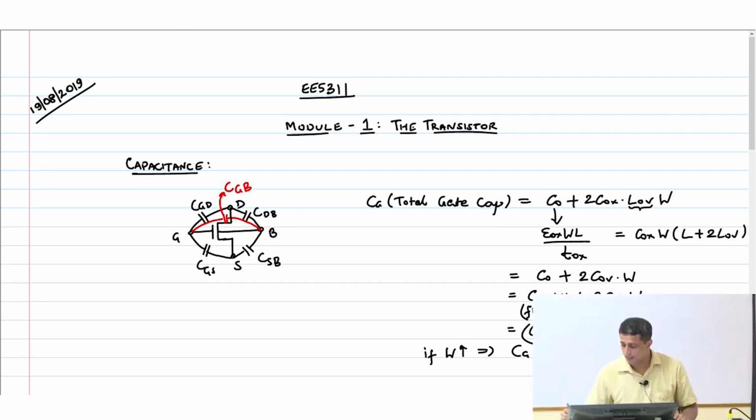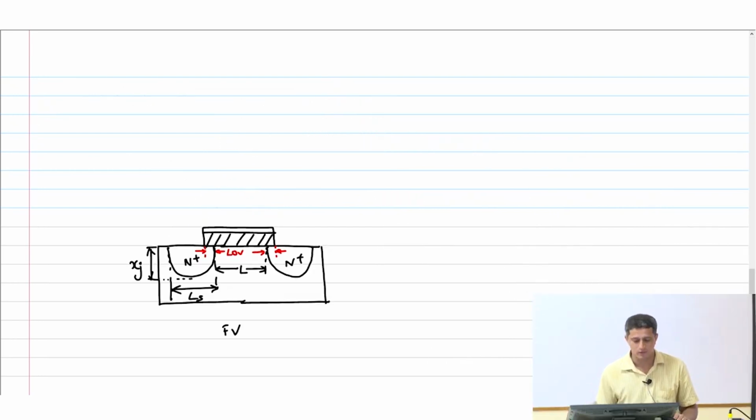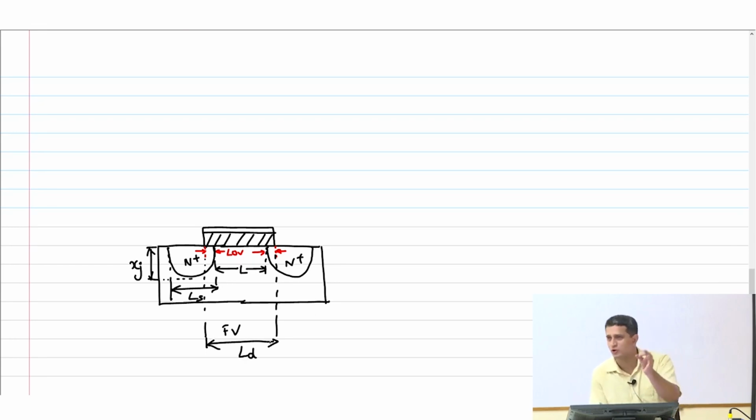So you might think that, well, this is effectively the same channel length. But there is a difference, because this channel length that we are showing here is what is known as the drawn channel length.